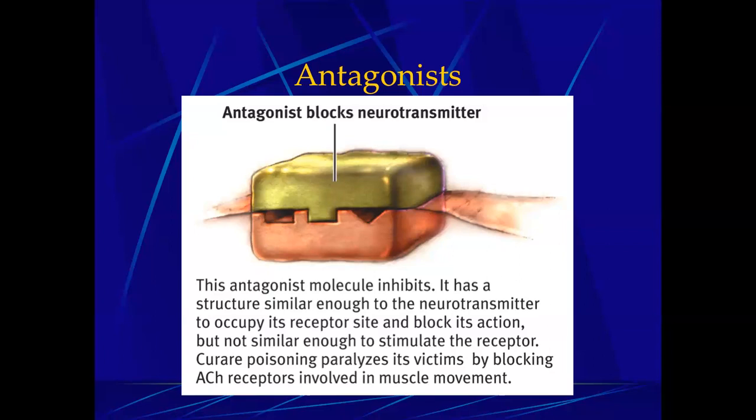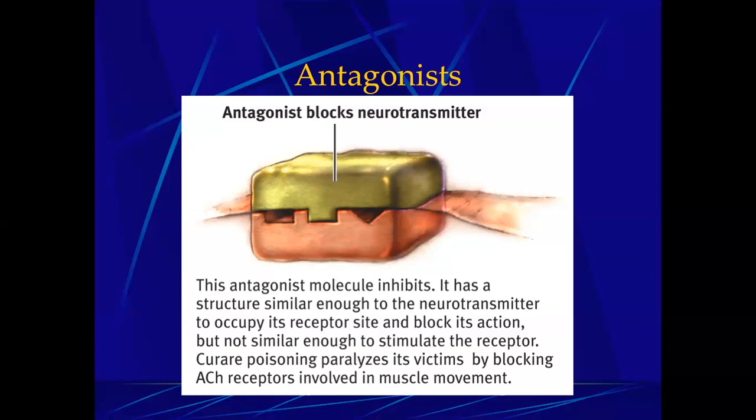Now, let's imagine this was an acetylcholine receptor. Now, acetylcholine is responsible for muscle flexion and extension in the body. But if we had a molecule that was similar enough that binds to the acetylcholine molecule, you can stop muscle movement.